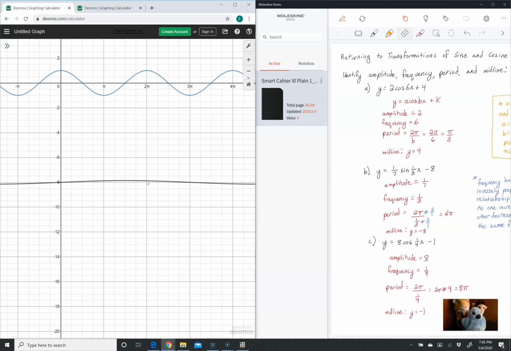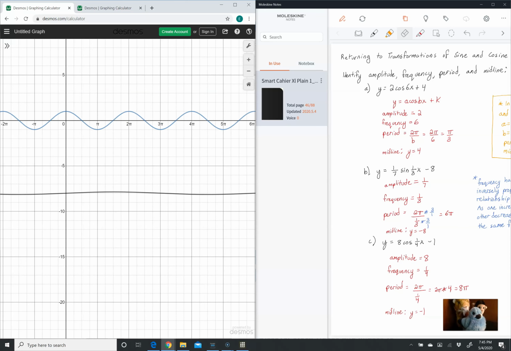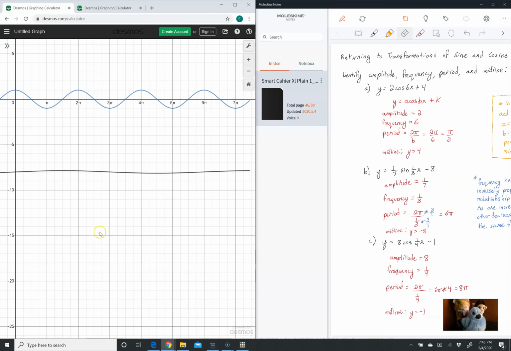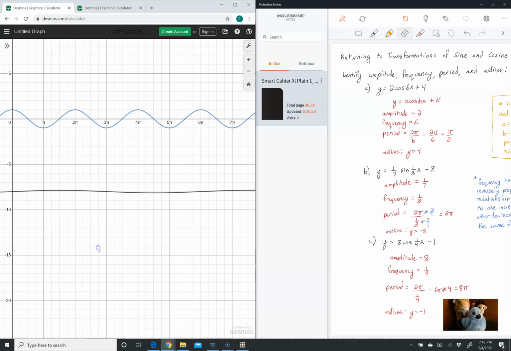And that means that the period is 6 pi. So if we go all the way to 6 pi, which is hard to see, right? You finish 1 full wave, but it looks almost like a straight line.